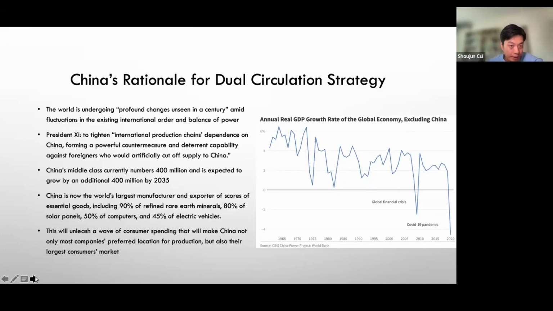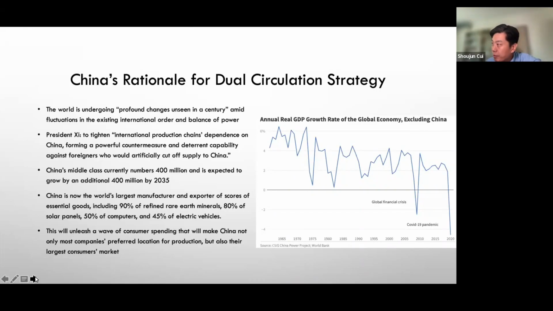President Xi said to tighten international production chain dependence on China. That's because it's a natural reaction to the U.S. pressure, and the U.S. wants to disengage China's production chain from, at least from the region, from Asia Pacific.